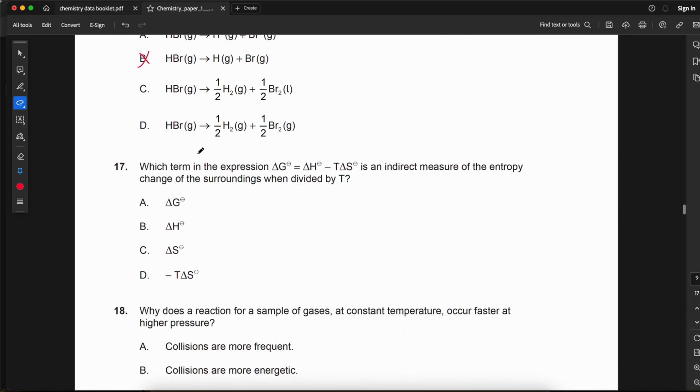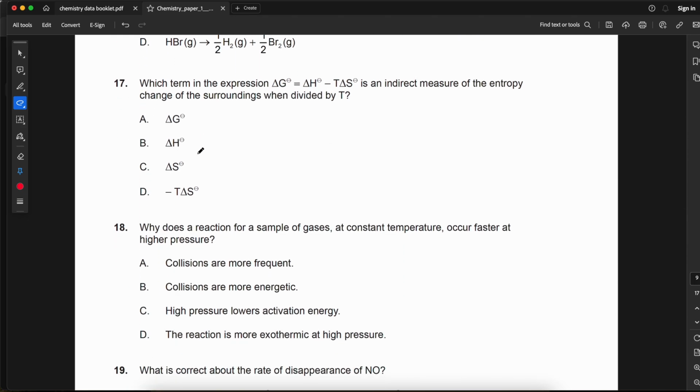Which term in the expression delta G equals delta H minus T delta S is an indirect measure of the entropy change of the surroundings when divided by T? Okay, so delta G is the Gibbs free energy.